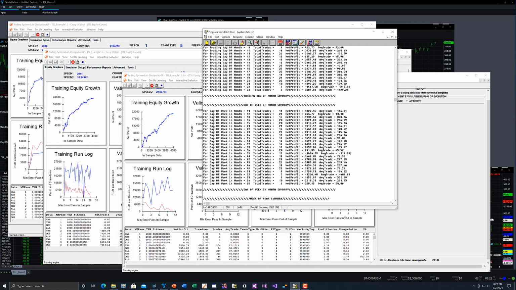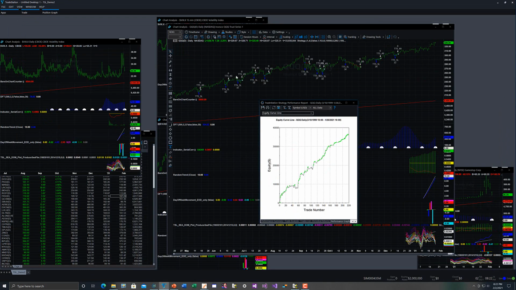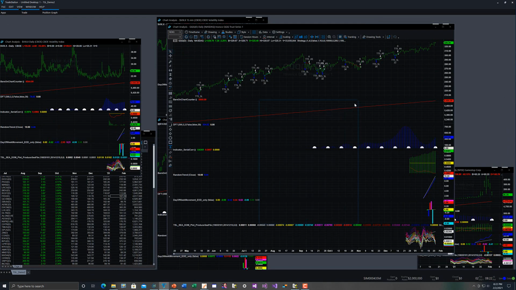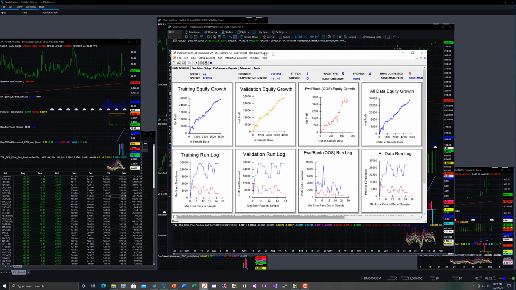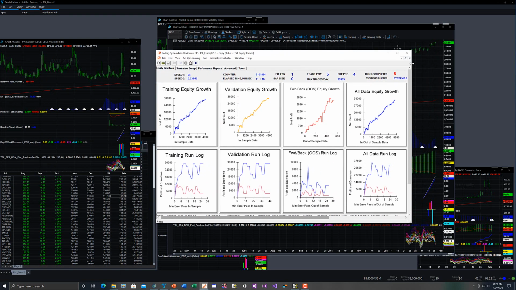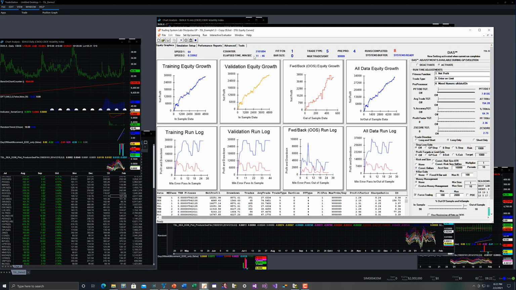Okay, so what did we do? We first started with the QQQ raw data. We pre-processed the data in TradeStation. We then went to Trading System Lab and designed many trading strategies in 11 minutes and 46 seconds of runtime.